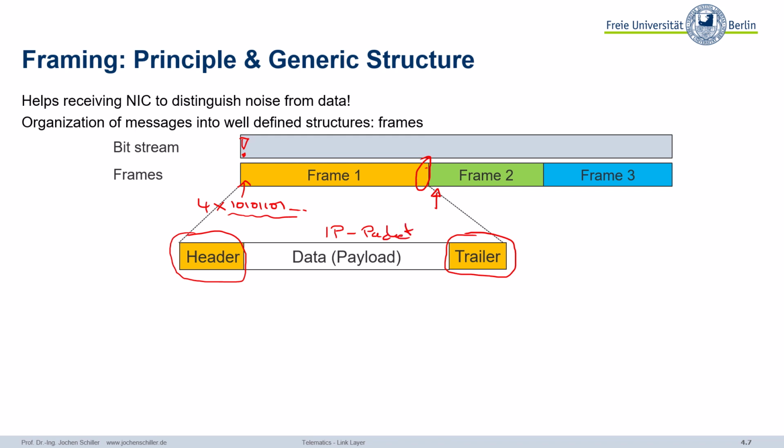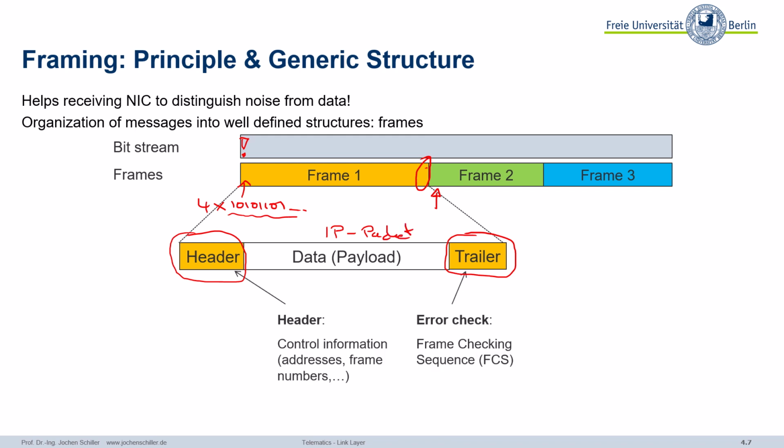That's in here. Okay, so a header, and the header then contains certain control information. So maybe we want to say, okay, this is frame number 17. Or, because we have this broadcast situation, we want to say this packet now has a certain destination. This is for receiver number 47, something like this. So this is typical information for the header, so that all the receivers receiving the packets know, this is for station 47. I'm 13, so that's not for me. I don't have to read further.